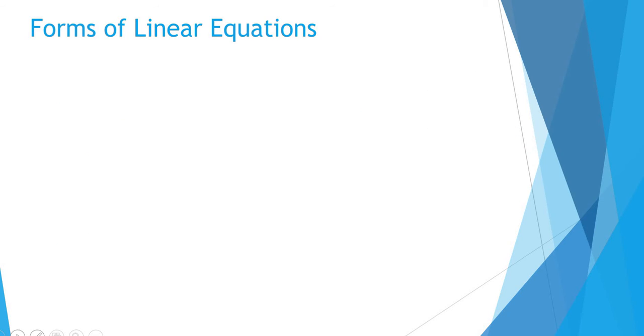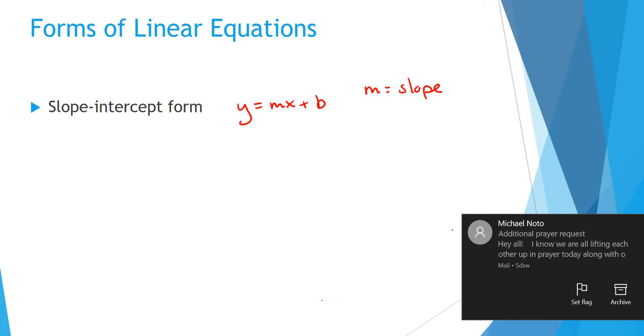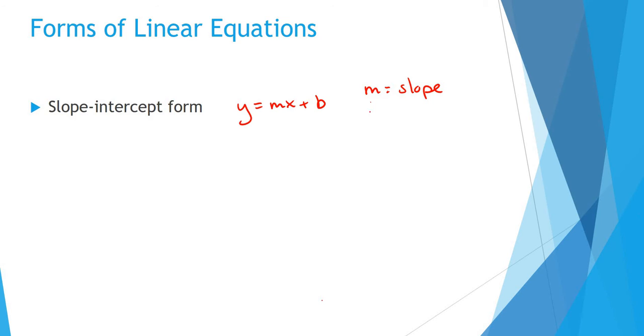Okay, we're also going to look at forms of linear equations. You should have done all of this in Algebra 1. The first is the slope-intercept form, y equals mx plus b, where m is the slope. B is the y-intercept.